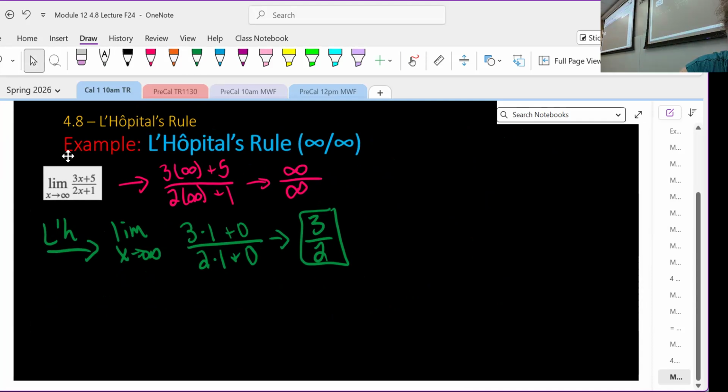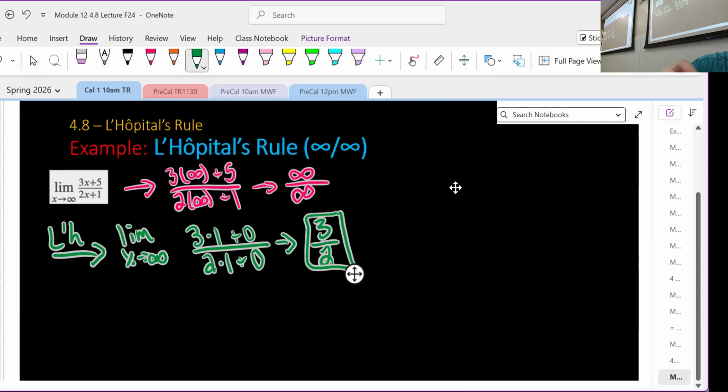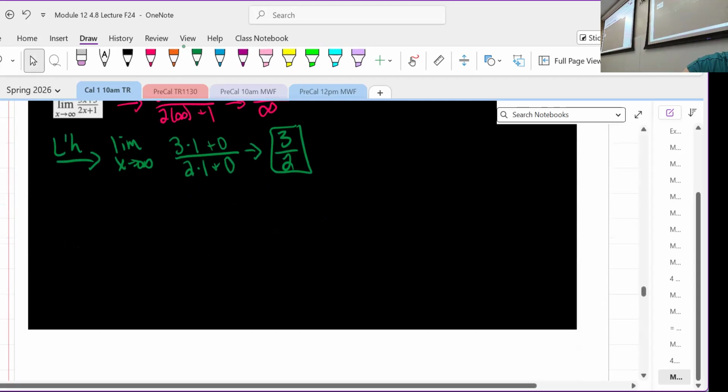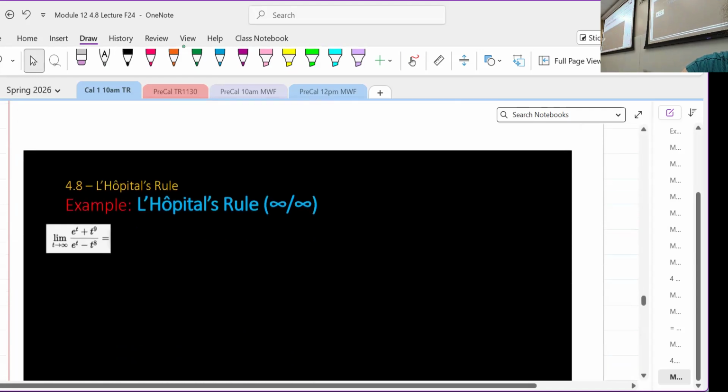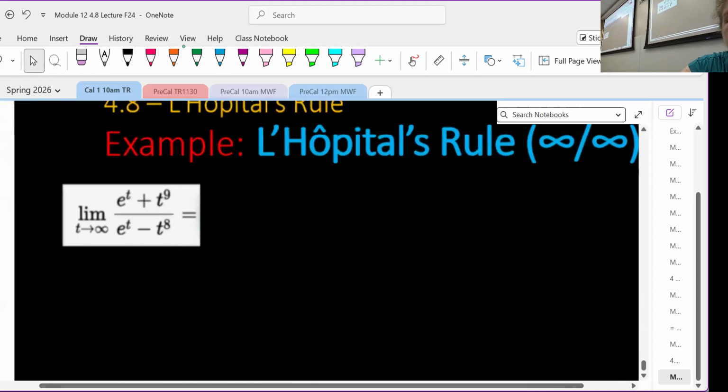So in the past, we dealt with this problem by multiplying by 1 over x all over 1 over x to convert everything into a limit that we knew went to 0. But with L'Hopital, we can arrive at the same answer much quicker. So then we get this stupid mess.